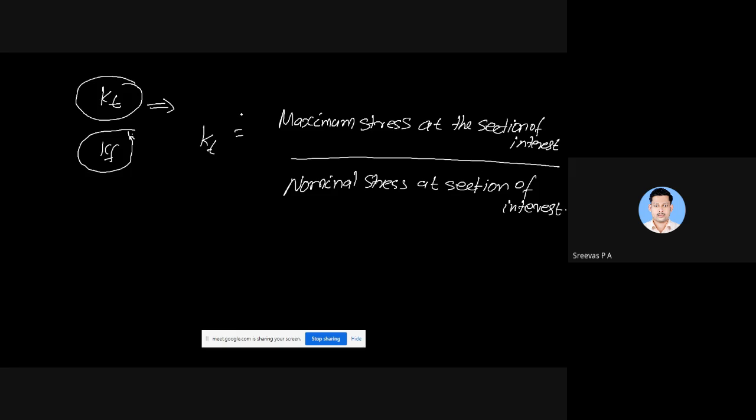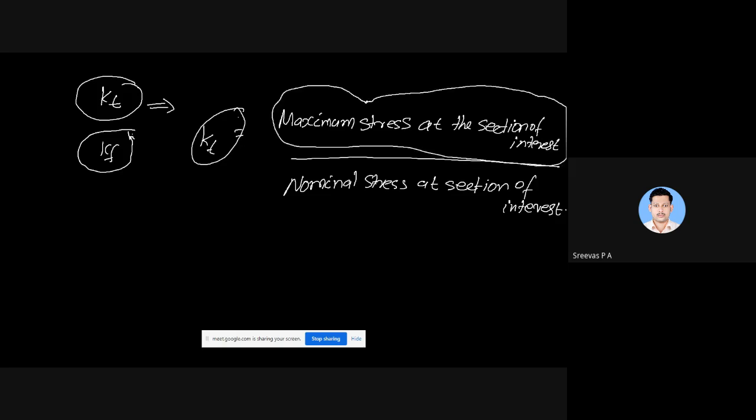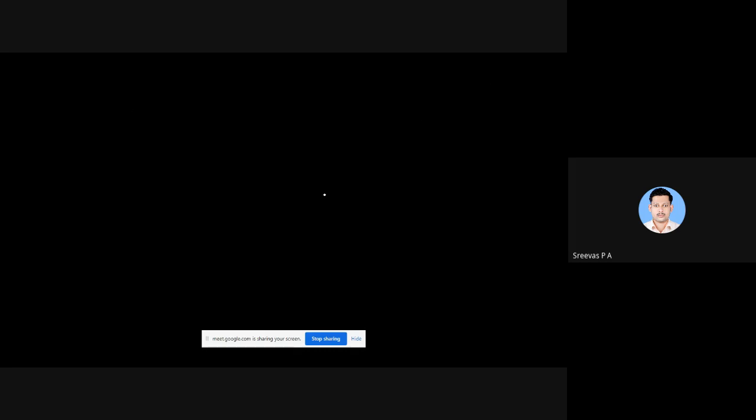So the significance of this Kt is, if you get the nominal stress and simply multiply by this Kt value, you will get the maximum stress induced at that section. This Kt value you will get from the design data book. So in that manner, you can find out the maximum stress.